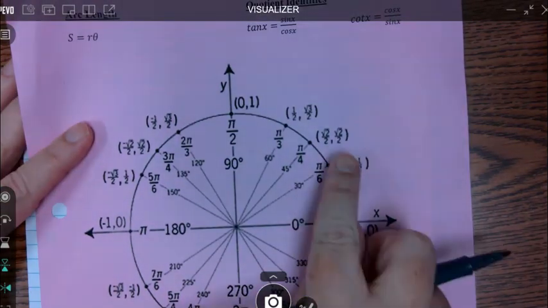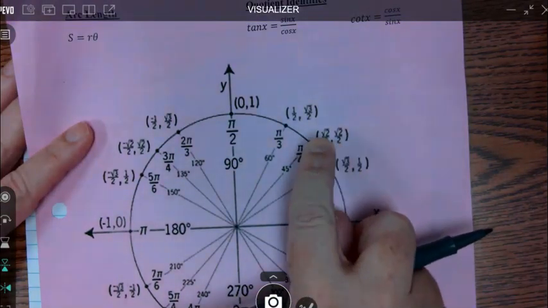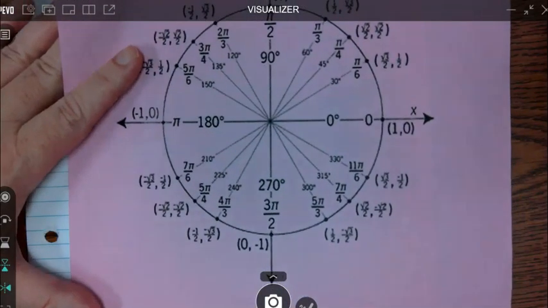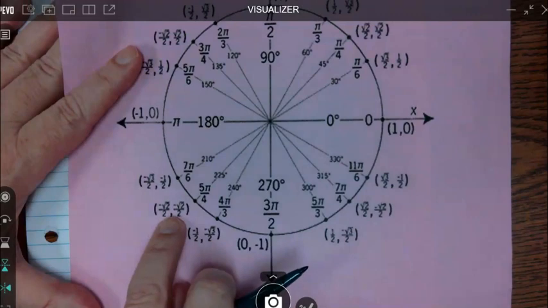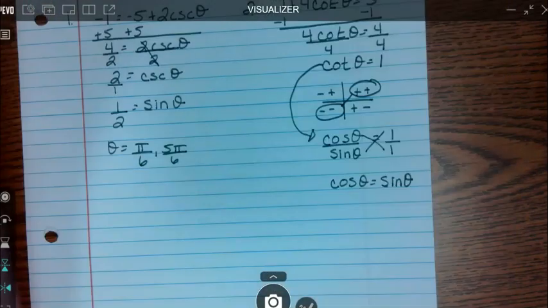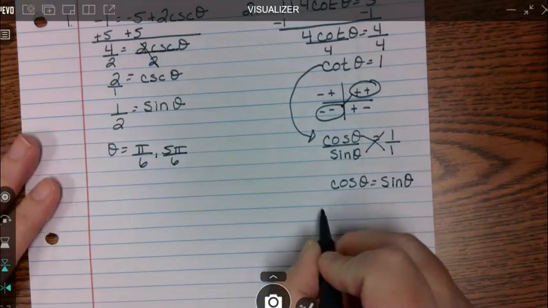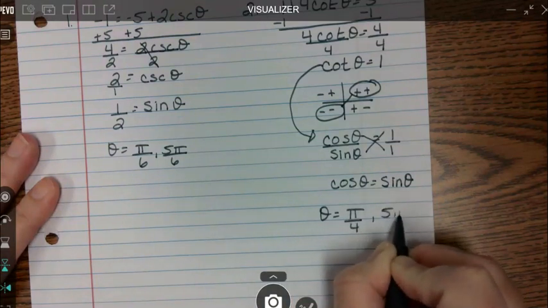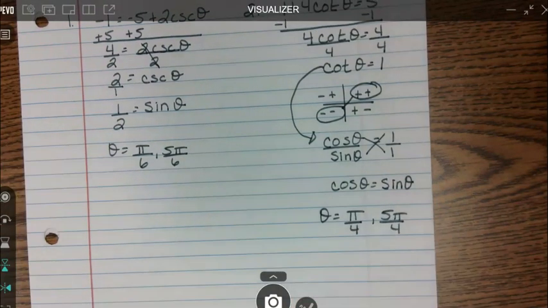So do you see here they're exactly the same at pi over 4? And then we also had to look at quadrant 3. And notice here they're the same. So my answers are pi over 4 and 5 pi over 4. Okay.